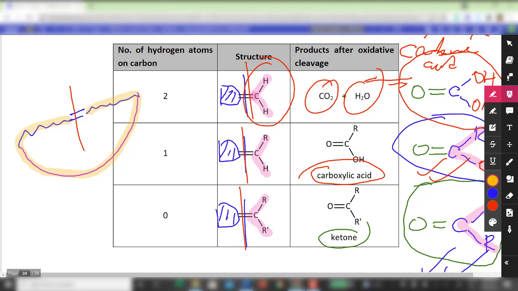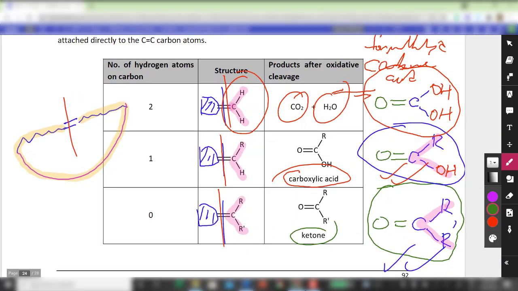So it doesn't mean that oxidative cleavage only gives me two products. It's possible for me to end up with one product if the oxidative cleavage occurs in a C=C double bond within a ring.